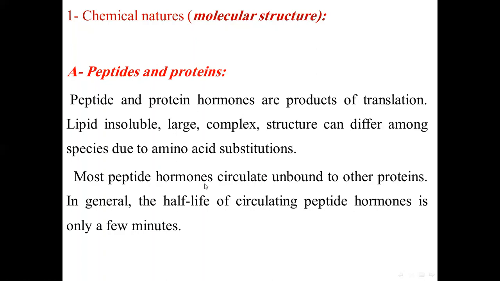Most peptide hormones circulate unbound to other proteins, and they don't need to bind to other proteins or molecules, because they can freely circulate in the blood, being lipid insoluble or water soluble. In general, the half-life of a circulating peptide hormone is only a few minutes. Insulin, for example, an example of a peptide hormone, can stay for no more than 10 minutes in the circulation.